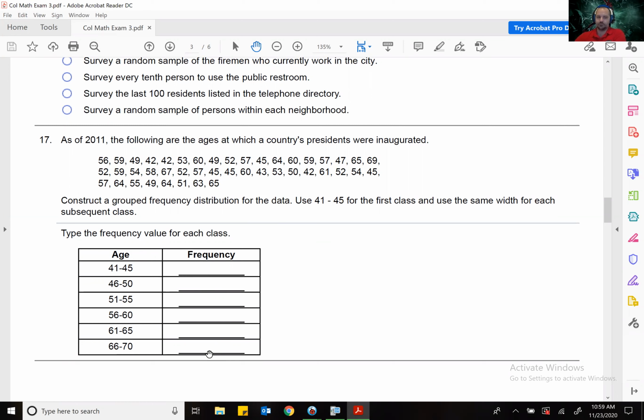I'm going to create this table again. 50, 51 to 55, 56 to 60, 61 to 65, and 66 to 70. So this is the frequency.